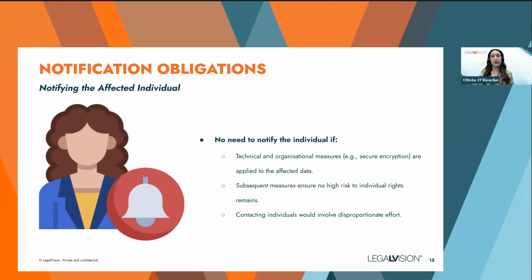If you've got records to show how you made those decisions in respect to the data breach, how you determined that there wasn't a high risk to individuals and that's why you didn't notify the individual, or whatever the circumstances are, your business is going to be in a much stronger position, certainly to avoid punishment by the ICO, but certainly also to demonstrate to the data subject that you had their best interests at heart.